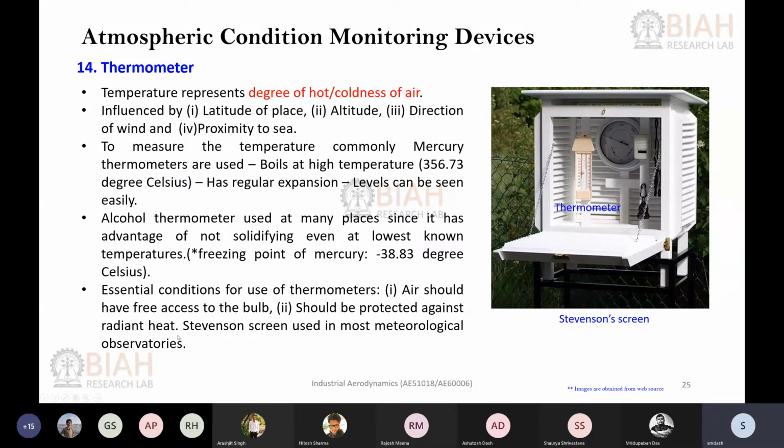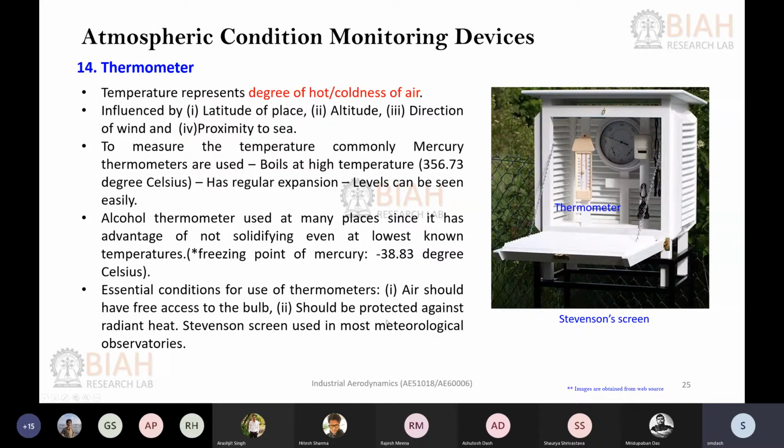If there is additional heat radiation directly falling onto the bulb, it will not give you the correct data.